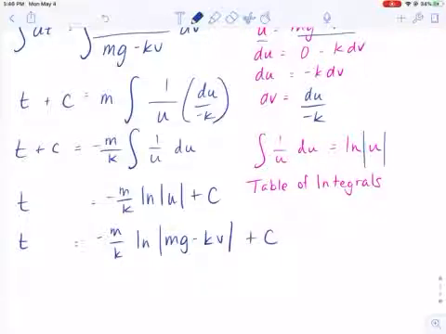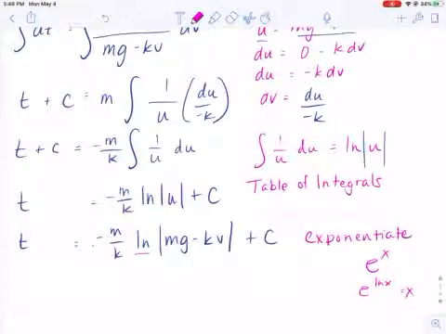So that's pretty great. And now we need to solve this. And to solve it, we need to use a technique called exponentiating, meaning we're going to do e to the something because we know e to the ln x equals x. And that will get rid of our natural log.